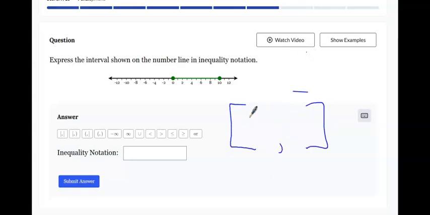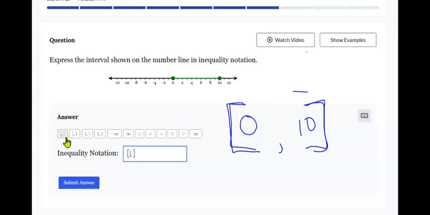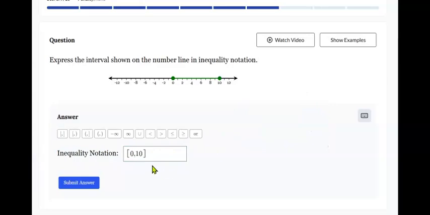Interval notation starts with the beginning number and the ending number from least to greatest. These symbols are chosen depending on the type of circle. So I could type here in this box, this button here, with a 0, a comma, and a 10. I could submit this and it will give me full credit.